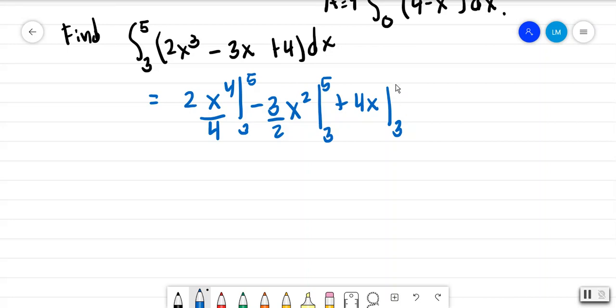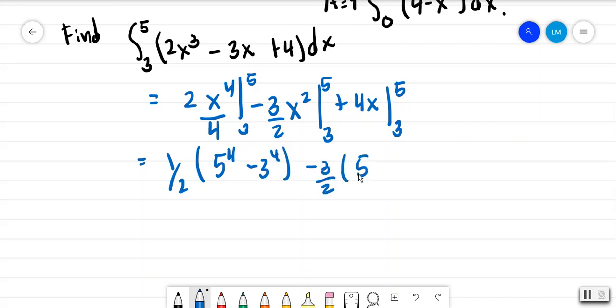Now, this is going to be 1/2 multiplied by 5 to the 4th minus 3 to the 4th, minus 3 halves multiplied by 5 squared minus 3 squared, plus 4x, which technically is times 5 minus 3.